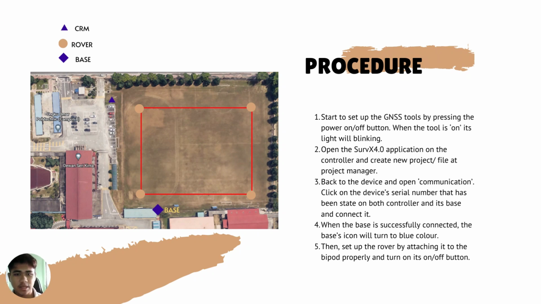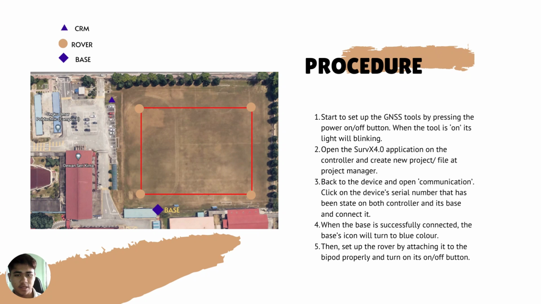Okay, start to set up the GNSS tool by pressing the power on/off button. When the tool is on, its light will blink. Open the Survey 4.0 application on the controller and create a new project or file. Add project manager. Back to the device and open communication.